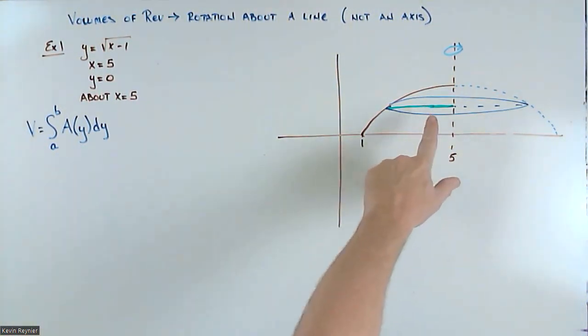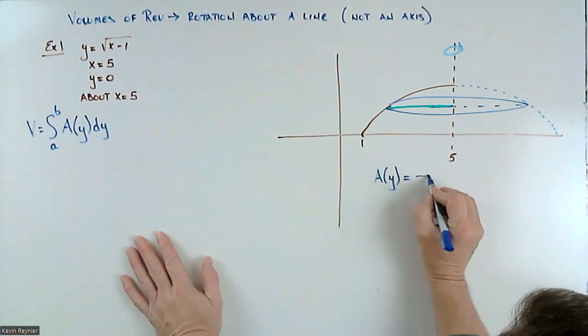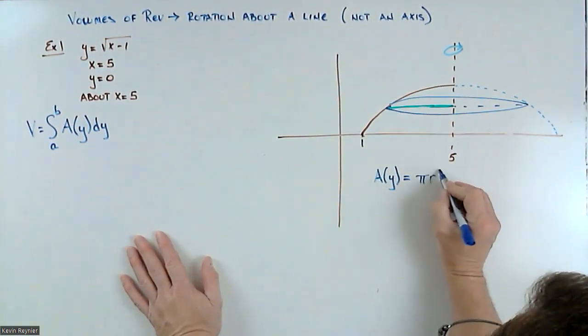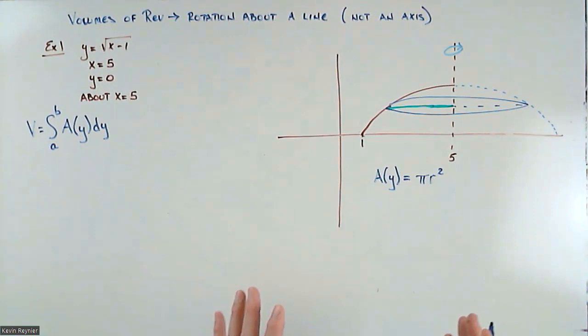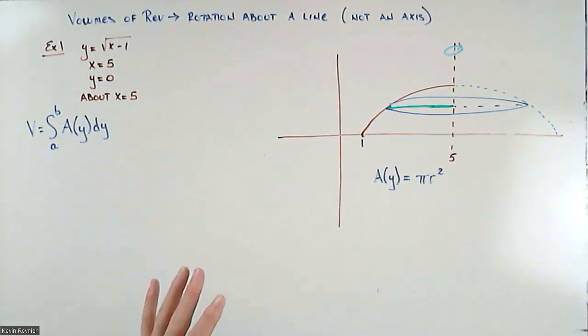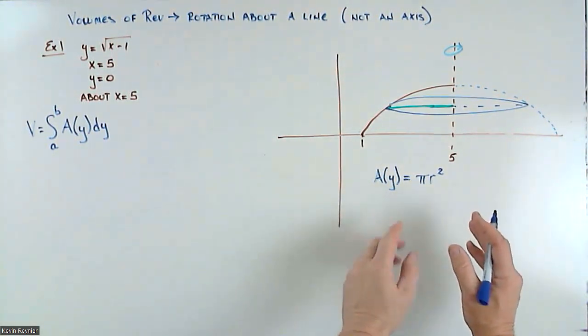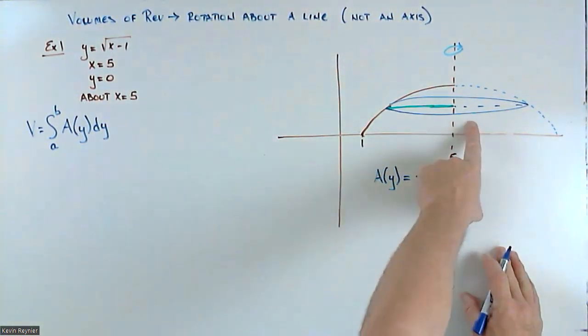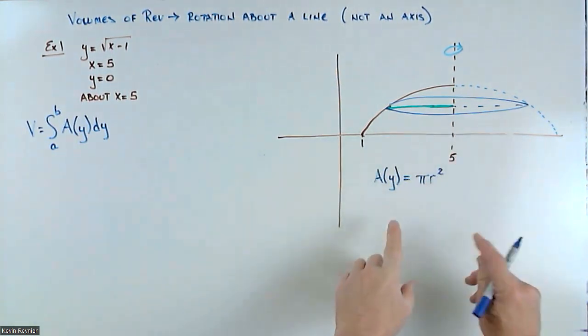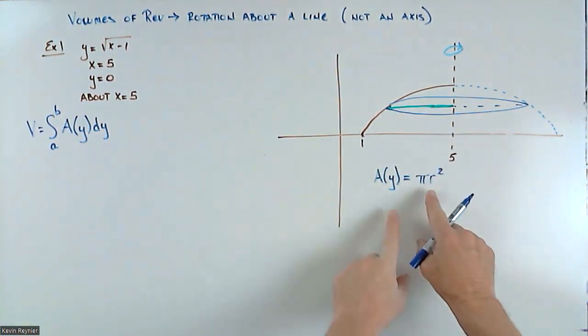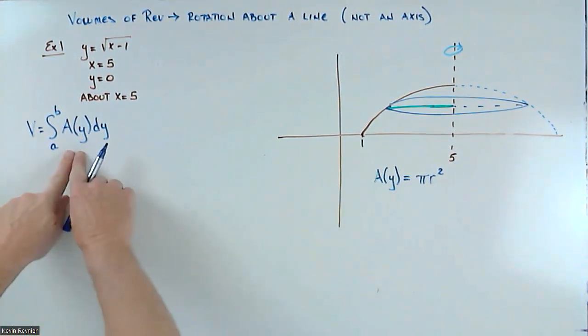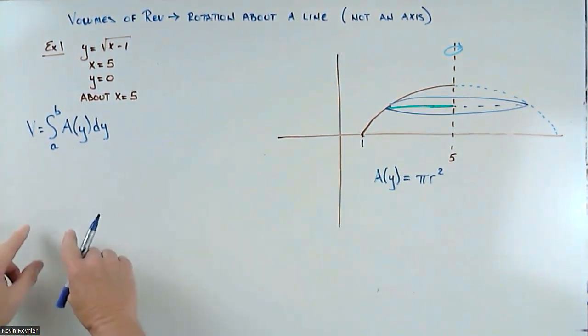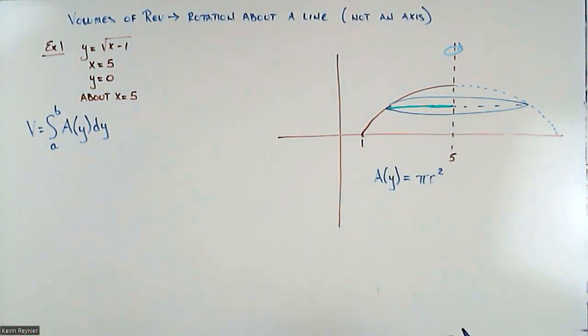This is a circle. The area of the circle is found by using pi r squared. I'm going to write pi r squared every time I do one of these problems. Now, my job is to find the radius of this disk. That will then go here for r. I'll take this function, I'll substitute into my integral, I'll integrate, I'll arrive at my correct answer.